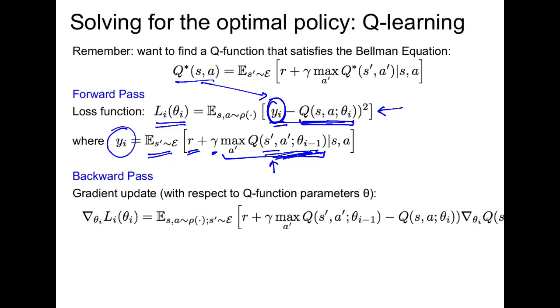You have to take the gradient of the loss function with respect to theta. And the loss function is this, I can differentiate it. yi is already known because it depends on theta i minus 1, the previous iteration theta. But now I am updating with respect to the current theta. So this becomes a constant in that case. So I take the derivative and then I back propagate.